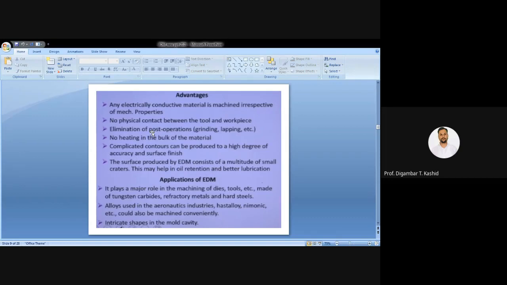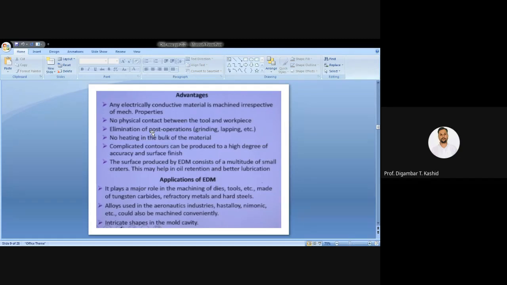Another advantage is that complicated contours, complex shaped, intricate shaped cavities can be produced to a high degree of accuracy and also with high surface finish.